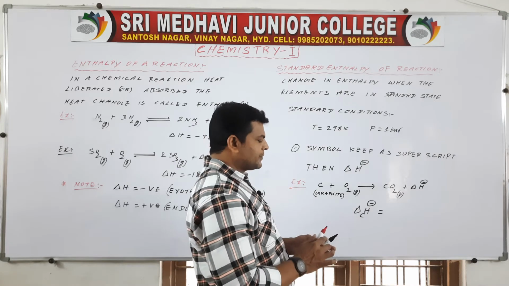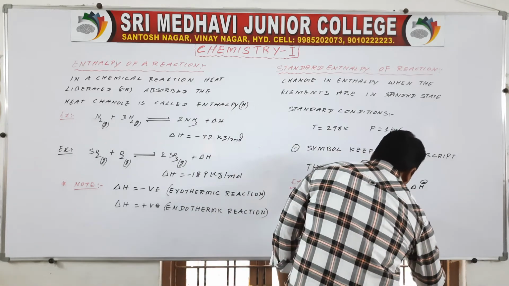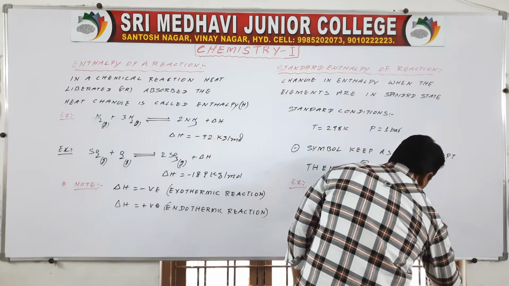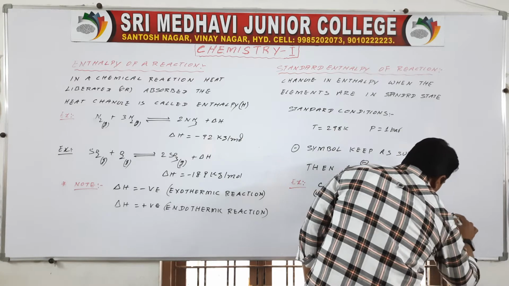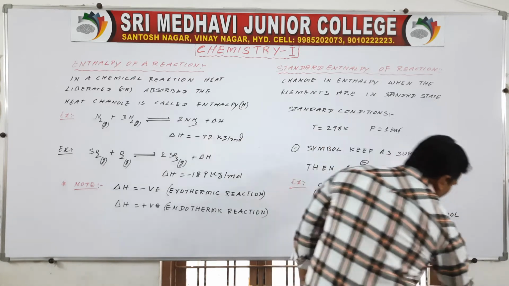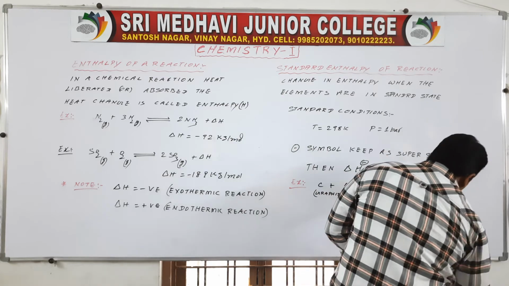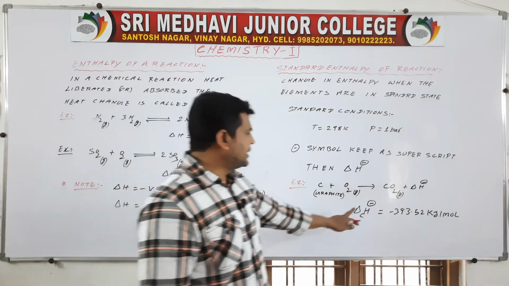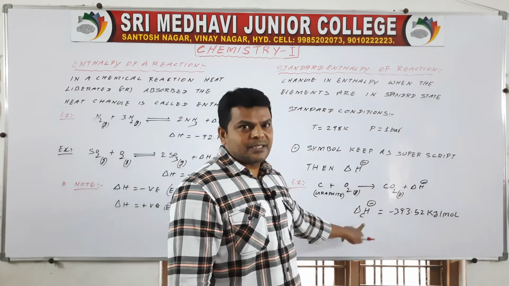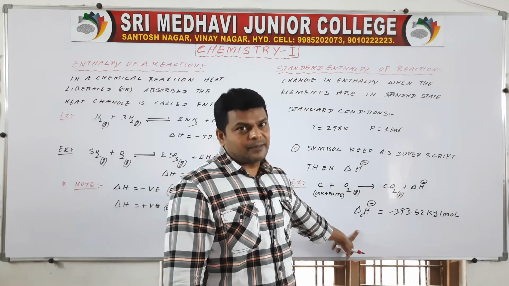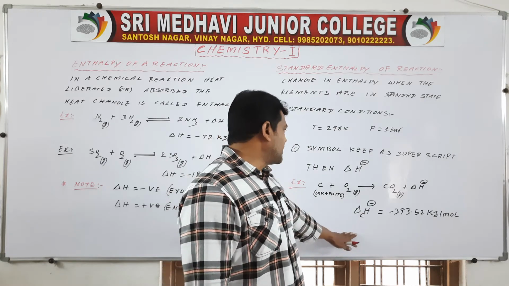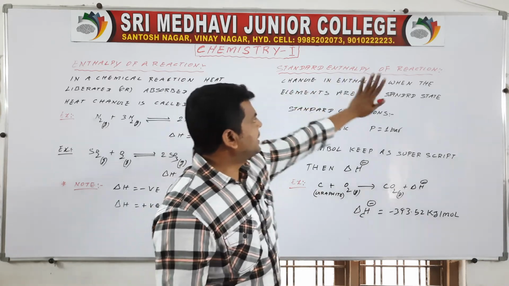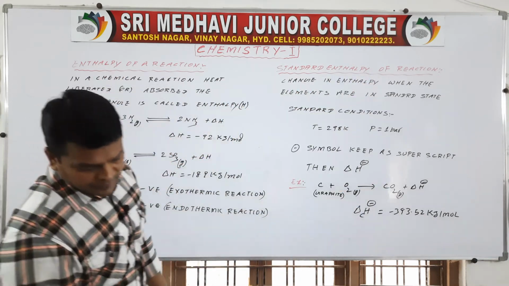Here delta H naught is equal to minus 393.52 kilojoules per mole, energy is released. Delta H naught C means this is a standard enthalpy of combustion. So this is the symbol we are keeping, for example, for the standard enthalpy of a reaction.